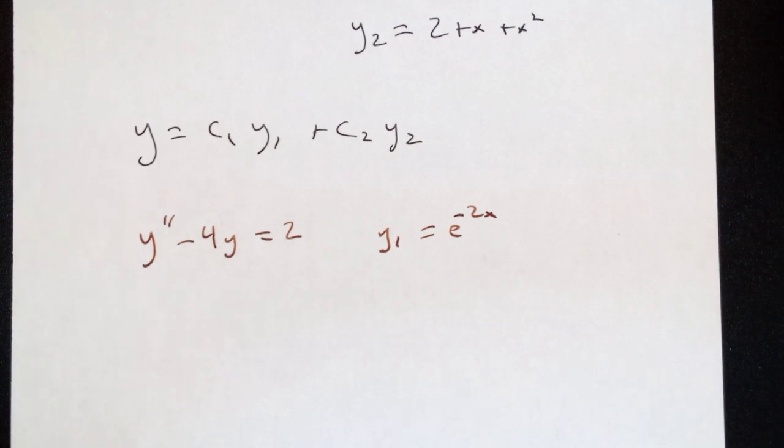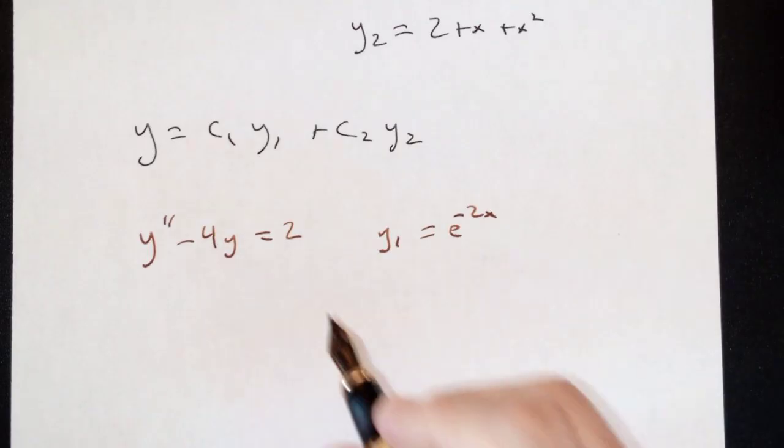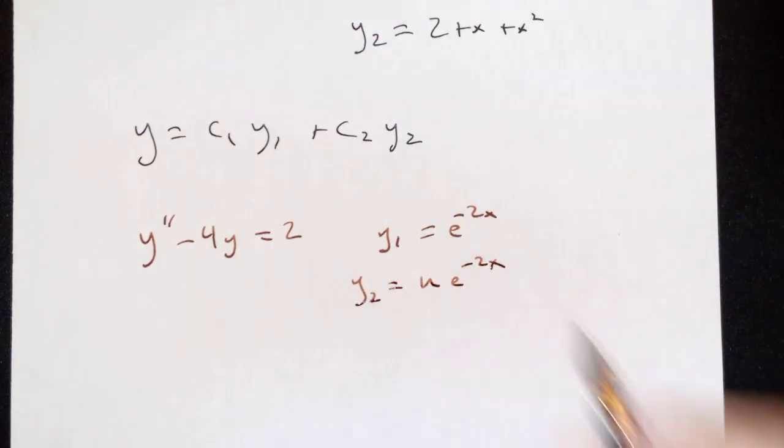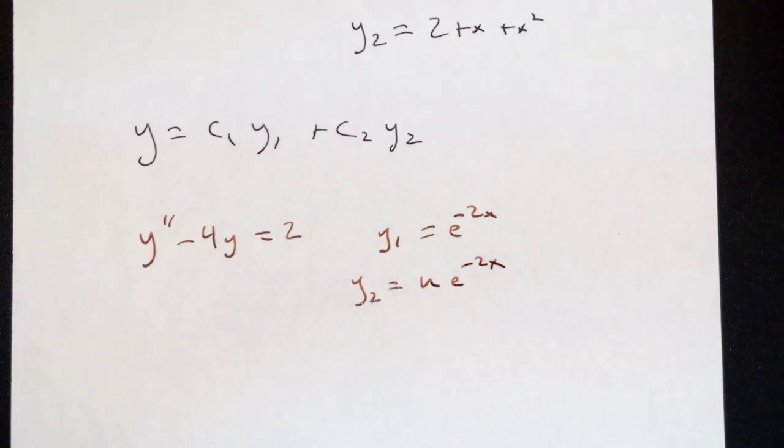Even if I don't know my second solution, I can't use that formula because the formula only works when it's equal to 0. I can still do the reduction of order substitution. And that would be that y2 is equal to u e to the minus 2x. And then I have to figure out what u is.